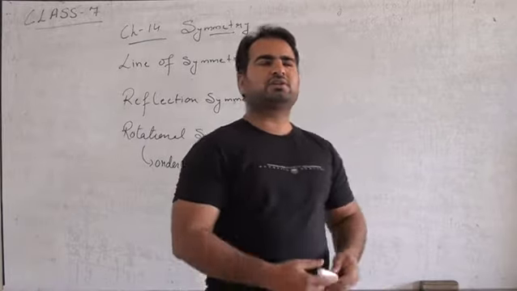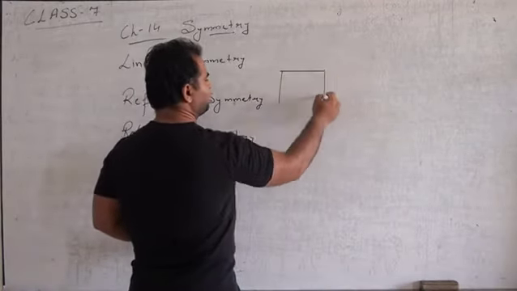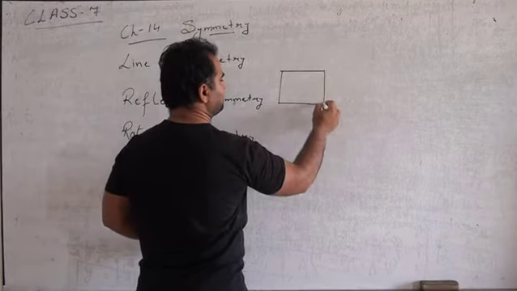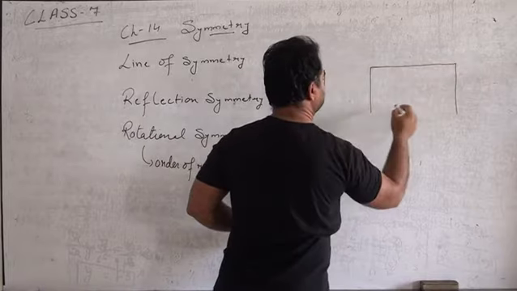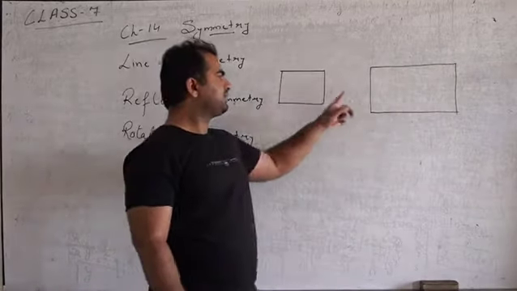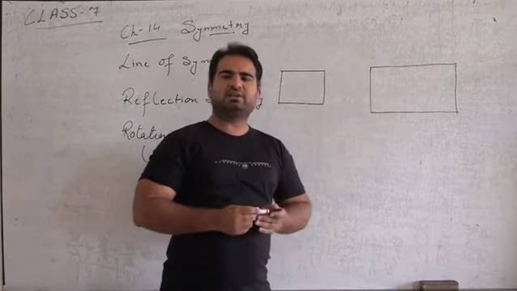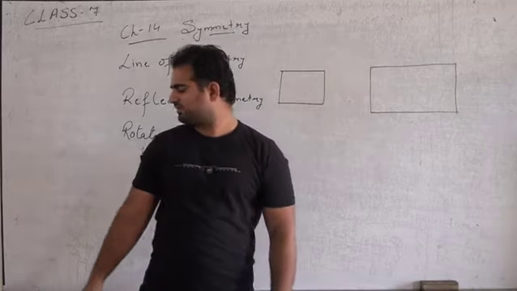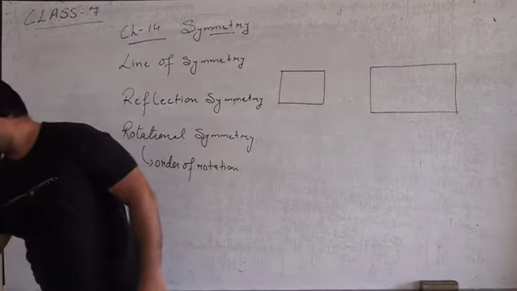So what about a square? If we take a square and a rectangle, how many lines of symmetry will a square have and how many will a rectangle have? I will make you understand with some pieces of paper. Like this is a rectangular paper.